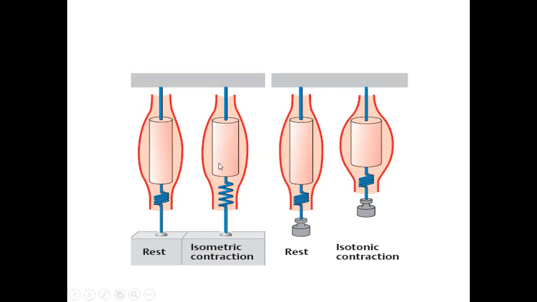What has happened to the contractile component in isometric contraction? Remains the same. See, this is the resting state and this is during contraction. Is it increase, decrease, remain same? Look at the picture.